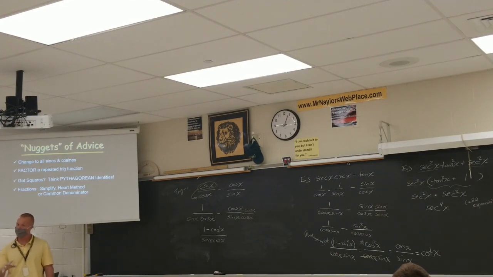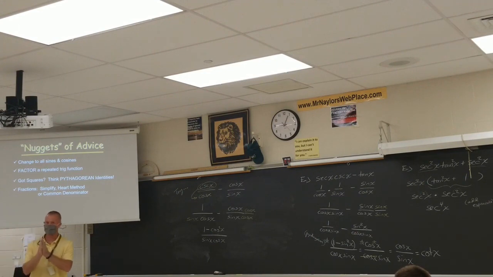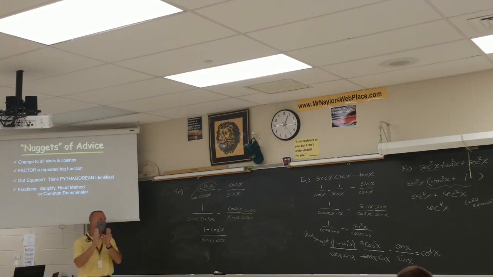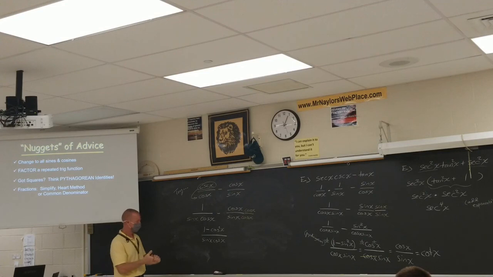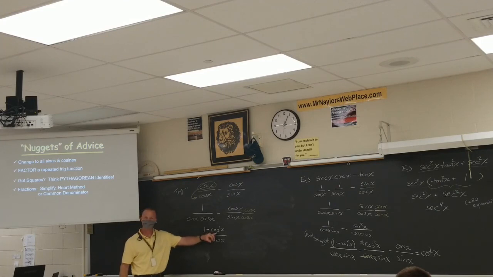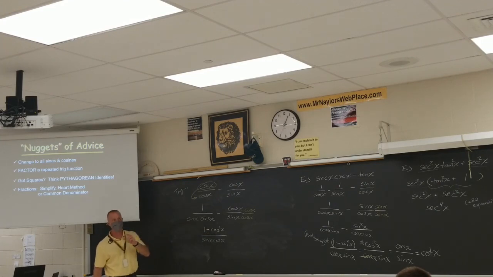I did kind of skip a step. I skipped showing it as 2 fractions. I just went ahead and put it all together. What's 1 minus cosine squared? Are you recognizing it as an identity? 1 minus cosine squared is sine squared.